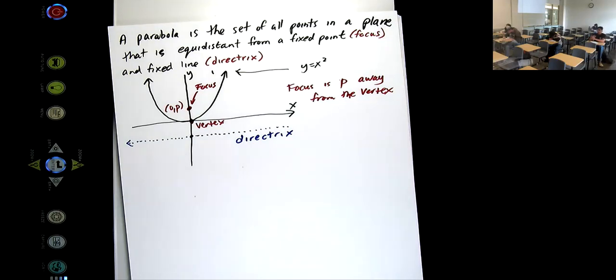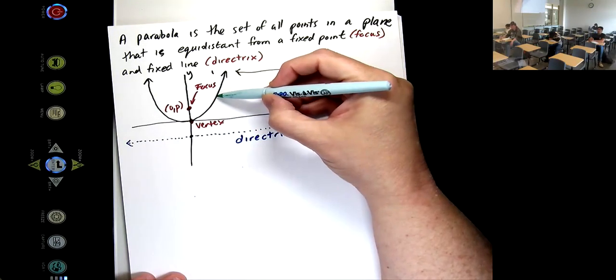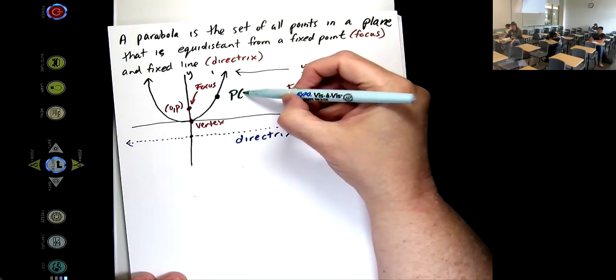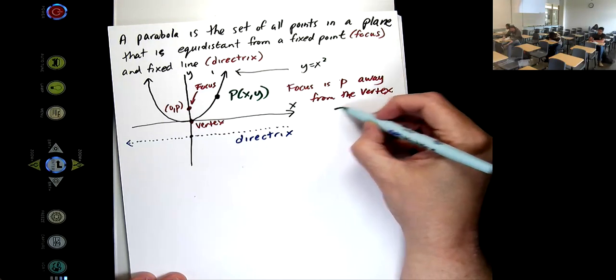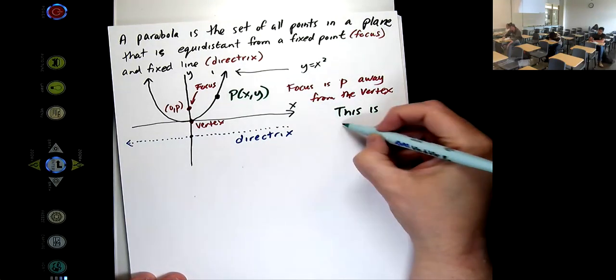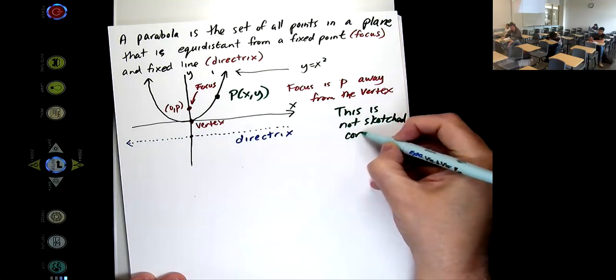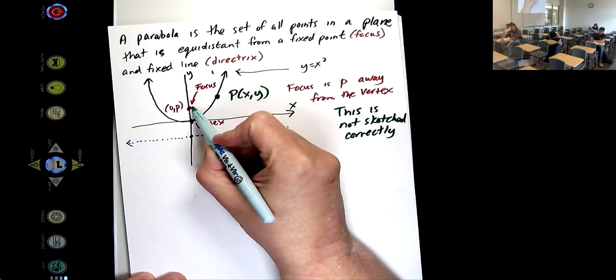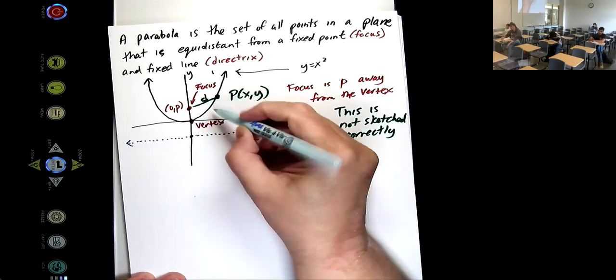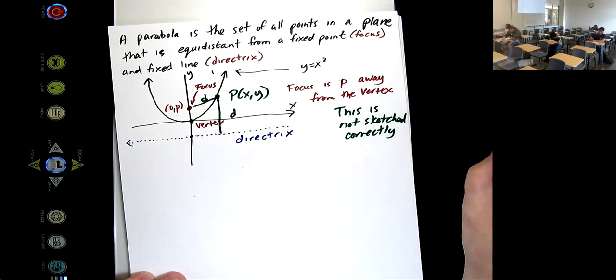And if my parabola was better and I had my focus in a better position, some point P of (x, y), the idea is this is not sketched correctly. But with the dimensions right, the distance from here to here is d, and the distance from there to there is d. You can see clearly it's not right.